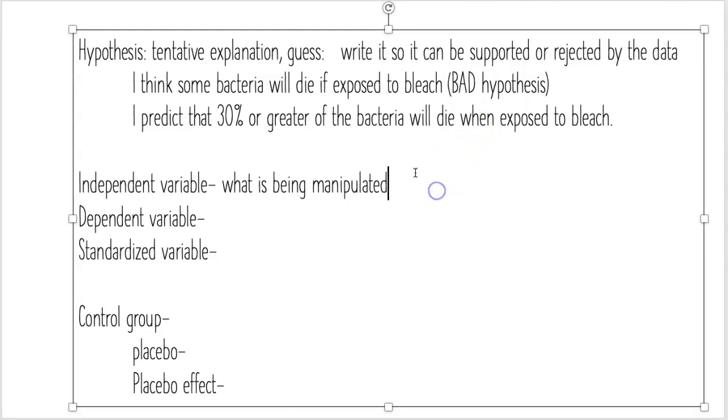Manipulate sounds like it has a negative context to it. So what is changing with the experiment? Is it the amount of bleach, the amount of time, the temperatures? Those are all independent variables, things that are being changed within the experimental design.